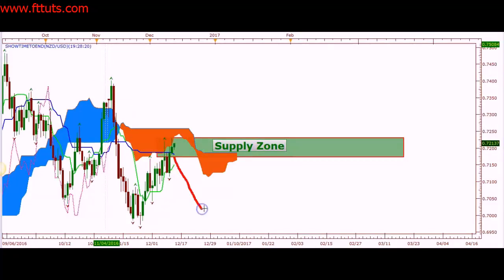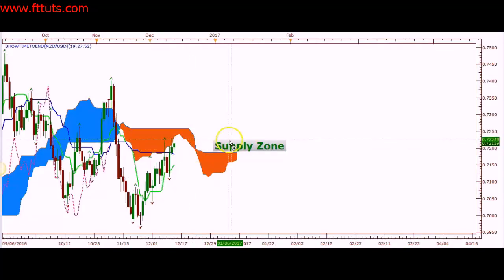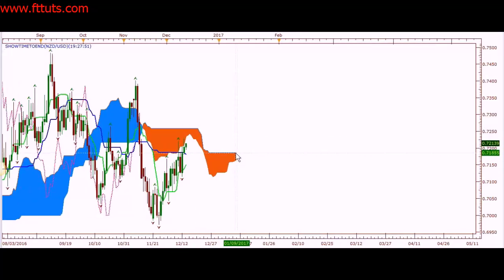Price moved down, stayed below the cloud, hit our zone, then we know we want to trade to the downside because we got Ichimoku signals to the downside, and then we would trade to the downside. But I'm going to show you some examples, and there'll be better examples based off of what it really looks like. But that's just to help you understand that you could still use Ichimoku using supply and demand. Everything that I teach you, you could use Ichimoku and do all this stuff.